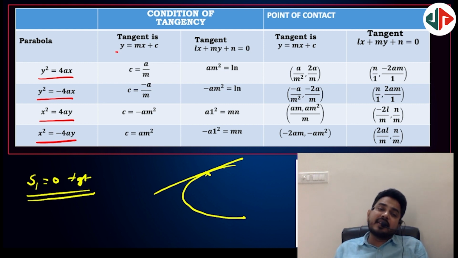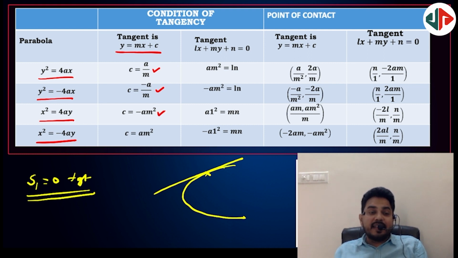If the tangent is of the form y is equal to mx plus c, the condition for tangency is c is equal to a by m. And for the other parabola, c is equal to minus a by m. If x square is equal to 4ay, c is equal to minus am square. X square is equal to minus 4ay, c is equal to am square.